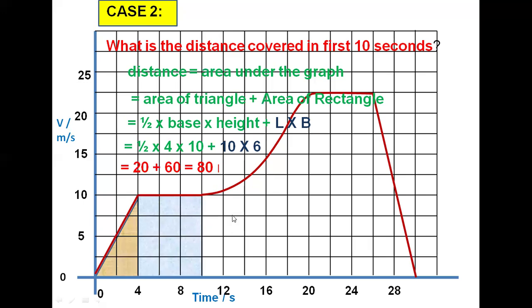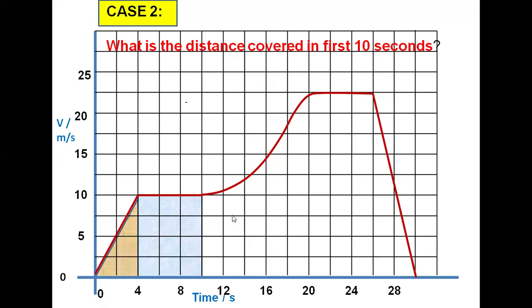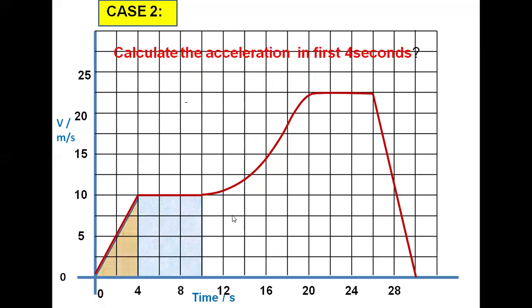Now let us calculate the acceleration in the first 4 seconds. This is a uniform acceleration. Acceleration is gradient: delta V, change in y-axis over change in x-axis, y2 minus y1 over x2 minus x1.